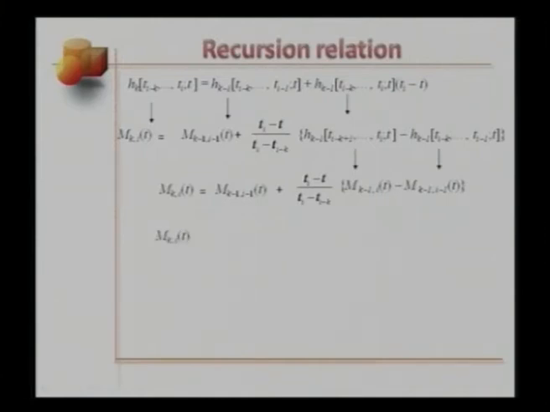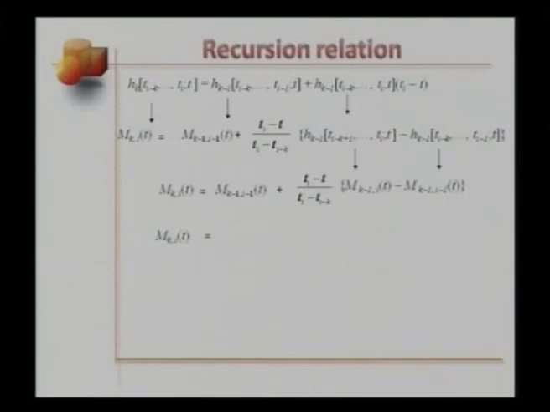So this is how the final recursion relation looks like. m_{k,i}(t) equals (t - t_{i-k}) over (t_i - t_{i-k}) times m_{k-1,i-1}(t) plus (t_i - t) over (t_i - t_{i-k}) times m_{k-1,i}(t).